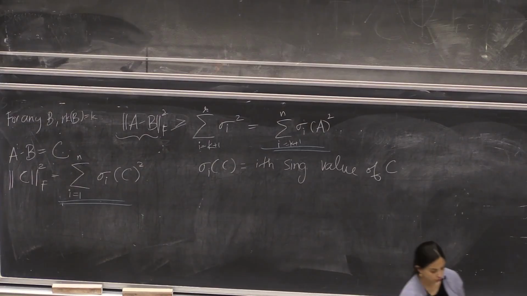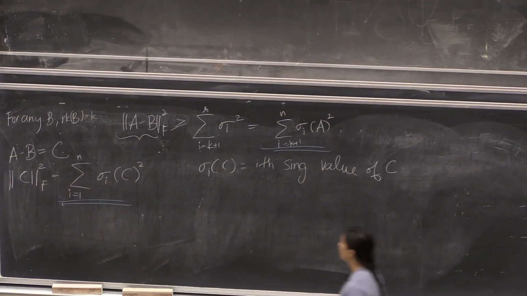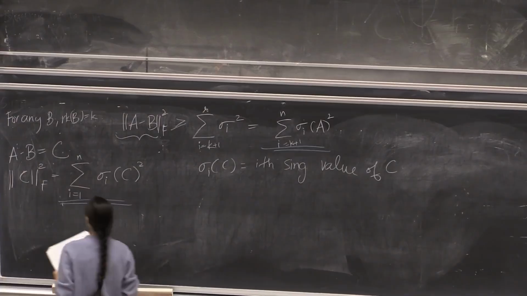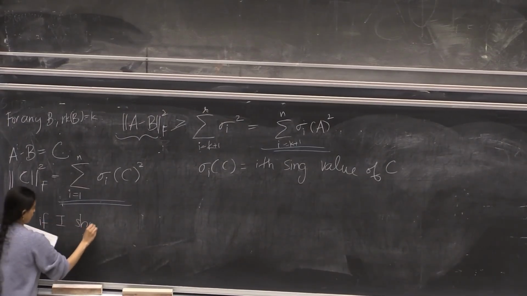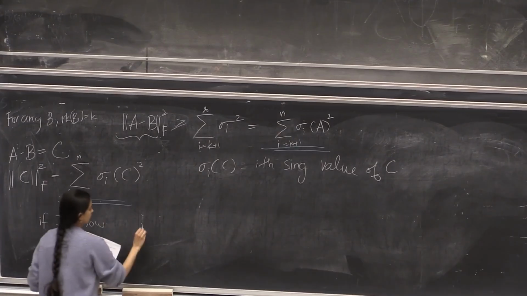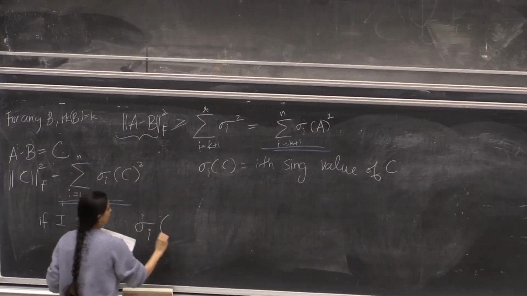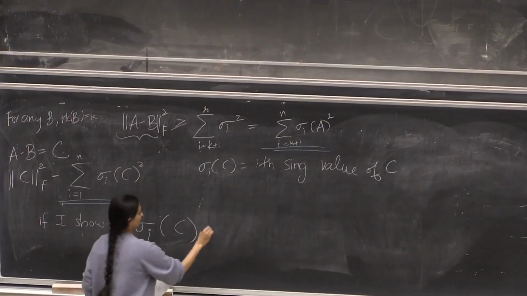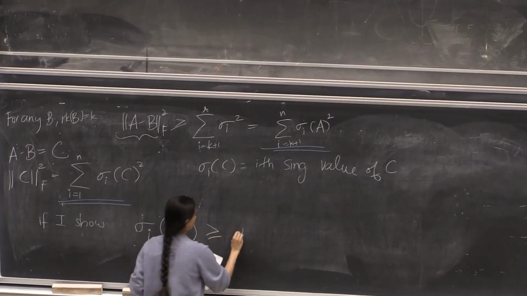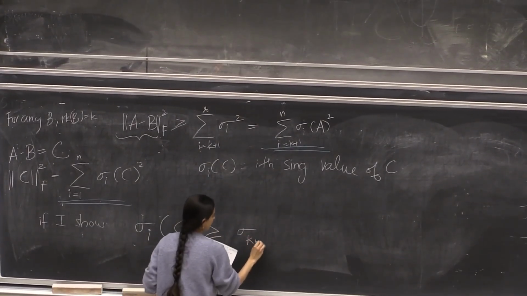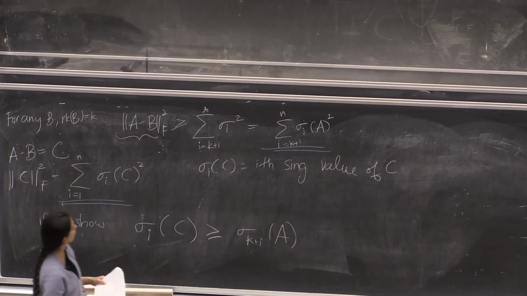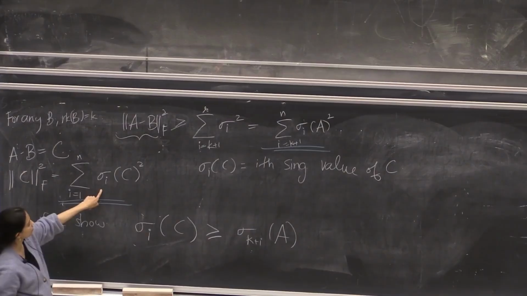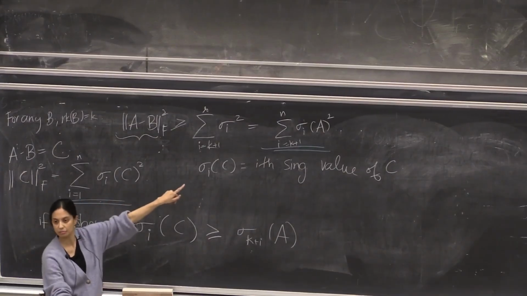So if I could show that sigma i of the matrix C is greater than or equal to sigma k plus i of the matrix A.